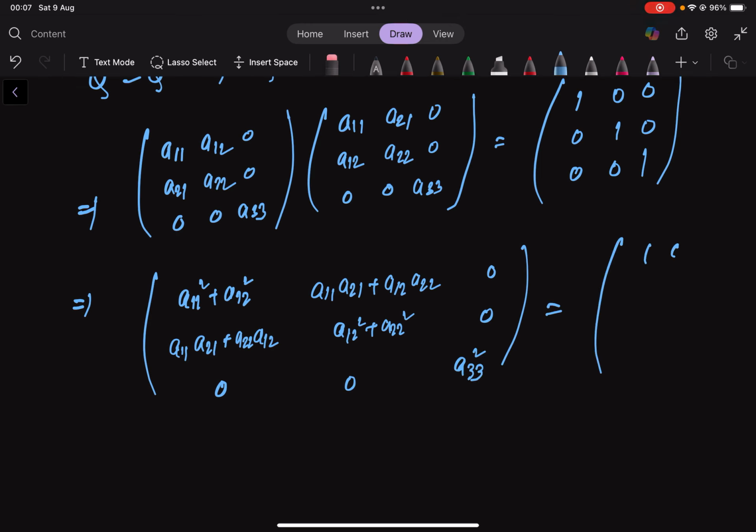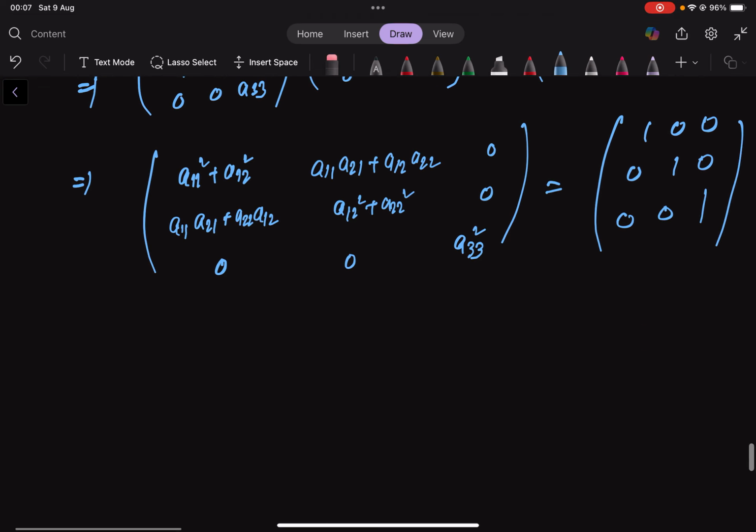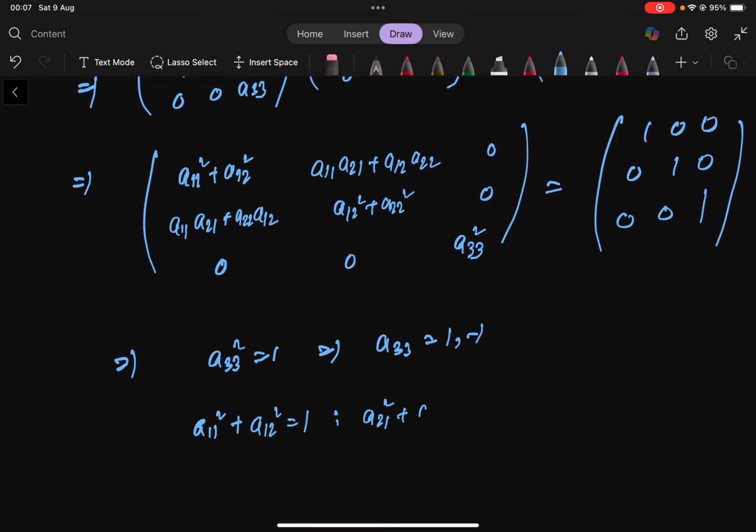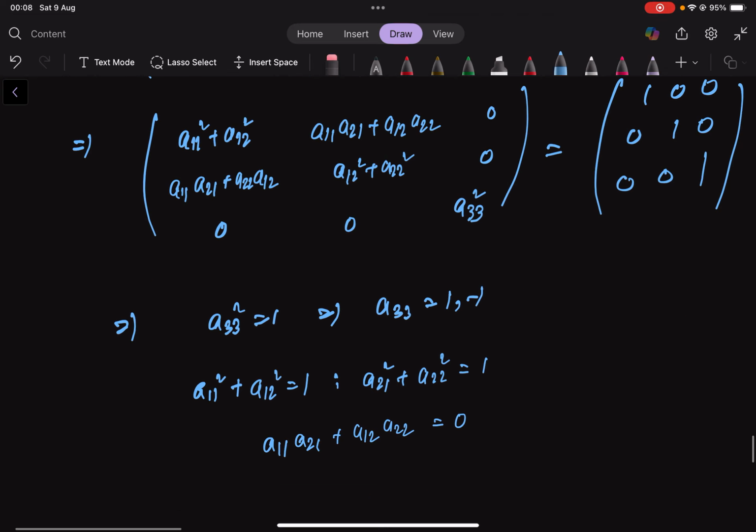So that is nothing but 1, 0, 0, 0, 1, 0, 0, 0, 1. So that means A33 square is 1, so A33 can be either 1 or minus 1. And A11 square plus A12 square is 1, A21 square plus A22 square is also 1. And finally A11 A21 plus A12 A22 must be equal to 0.